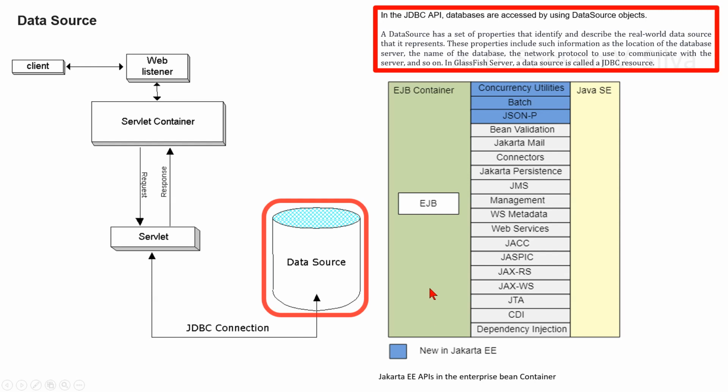Here you can see EJB is inside the EJB container. EJB is connected to what is new in Jakarta EE. These are concurrency utilities, batch and JSON-P. These are new in Jakarta EE.